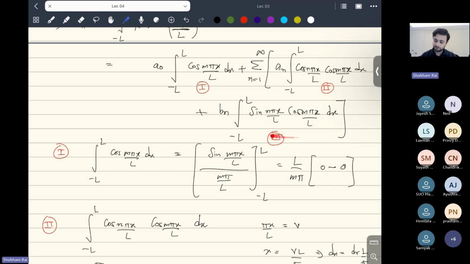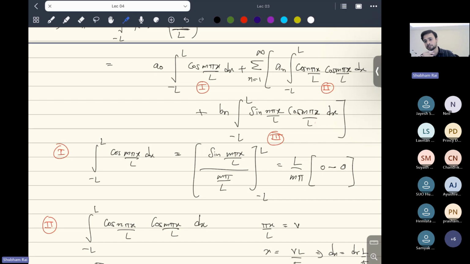And then this term will be 0 because here sine is multiplied with cosine. I told you that in orthogonality relations, when you substitute pi x by L equal to v, it will convert into the integral from minus pi to pi of sine nv and cosine mv. And this third term will go to 0 because these are two different functions.